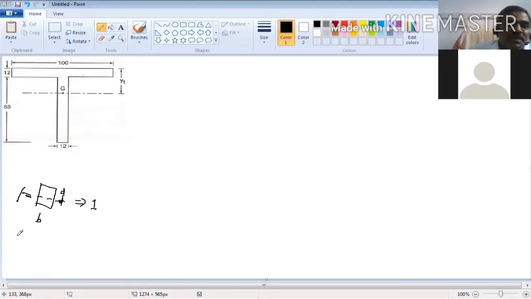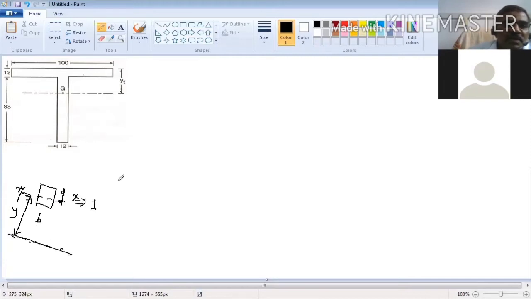Another one is taking moment of inertia about any axis. This is the neutral axis or central axis. The distance between the central axis and this other axis is y. This is the x-axis, and this is another axis.